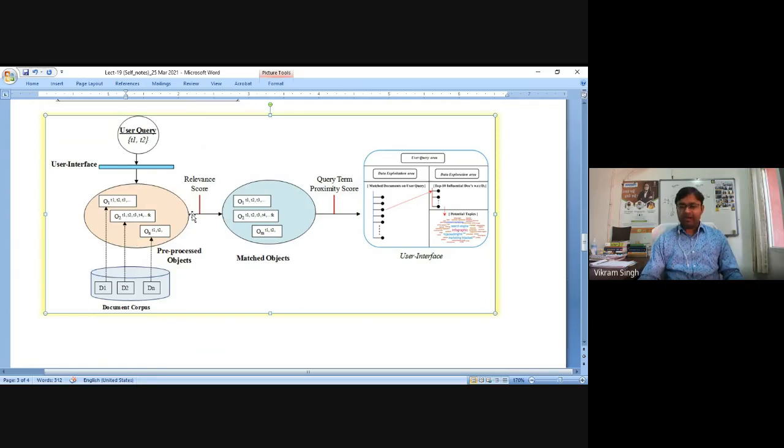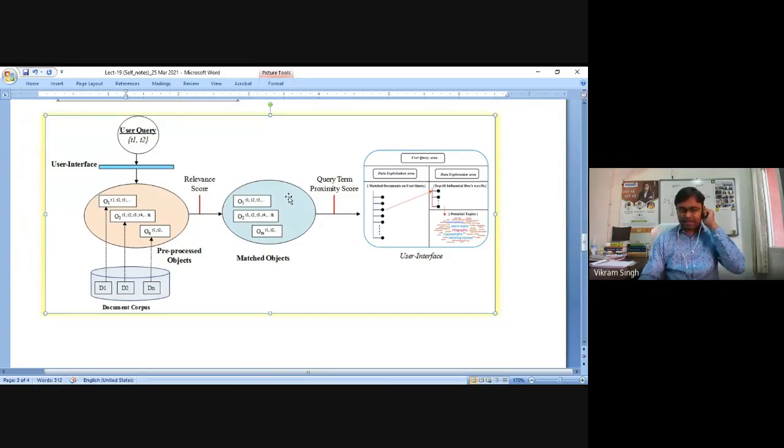And to generate the relevance score at the matched objects, because initially we will be getting around m number of objects out of n, this relevance scoring will be done on the m number of objects. And these m objects again have the query term presence.